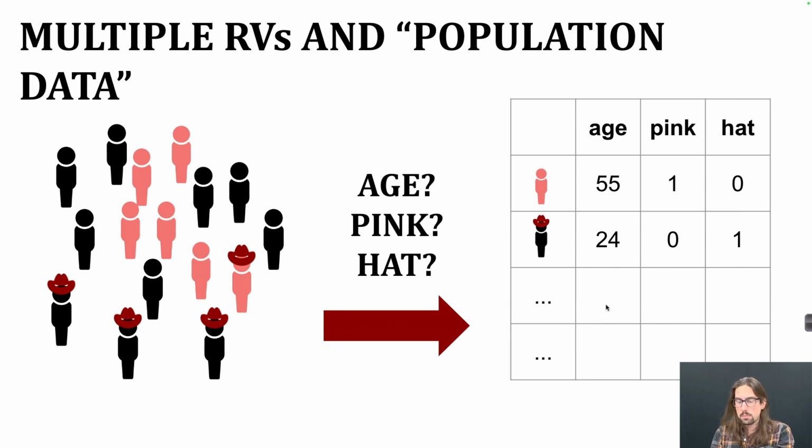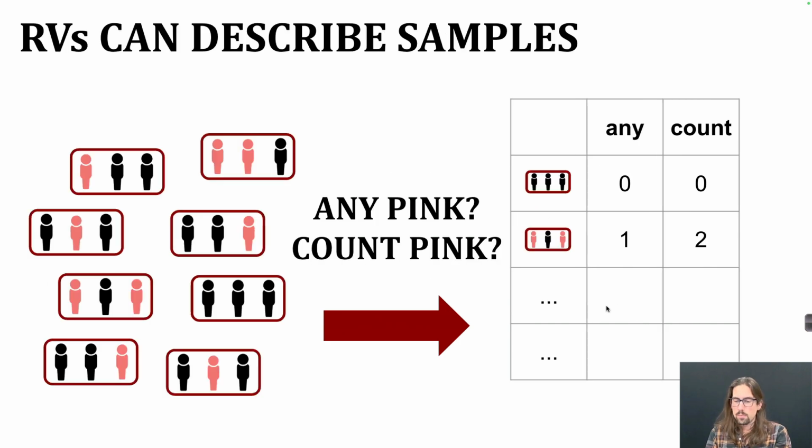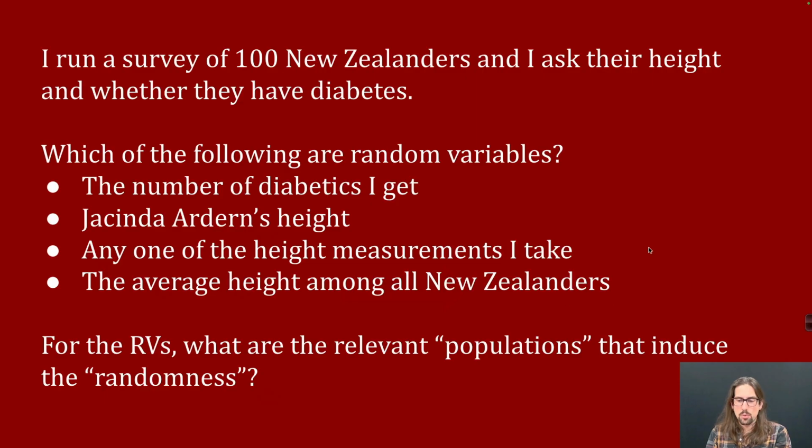I don't know what person it comes from a priori. So that should be considered a random variable, and it's random in the sense that I'm drawing from the broader population of New Zealanders. I don't know exactly which individual I'm going to get yet. So that's the population that induces the randomness.